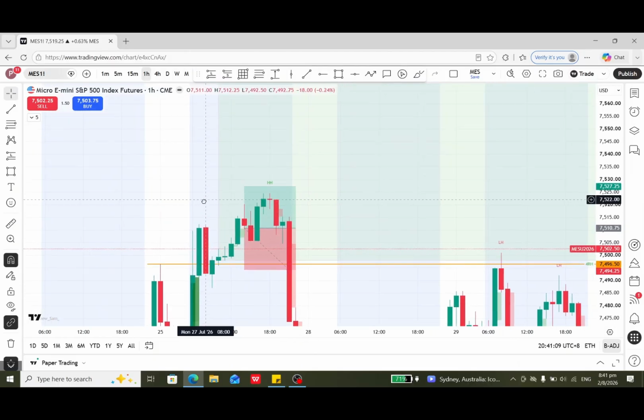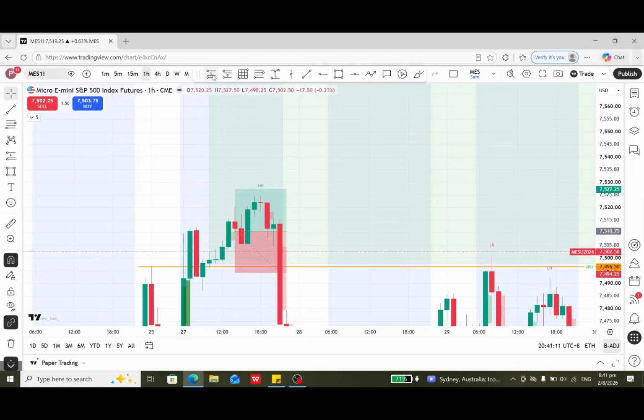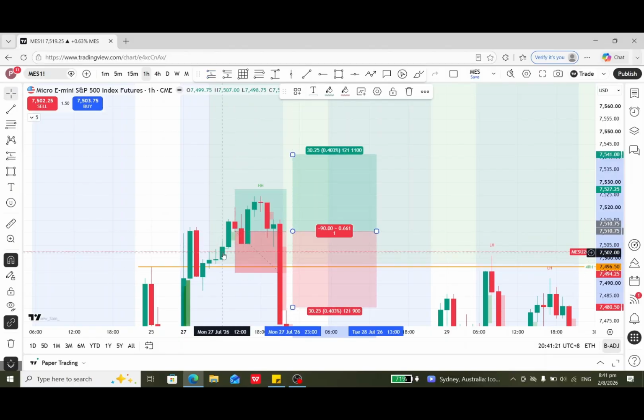But based on the 1 hour entry, my stop loss can be optimized. Let's say I enter here. Then my possible stop loss is to cover this one gap, this two gap, minimally around here.